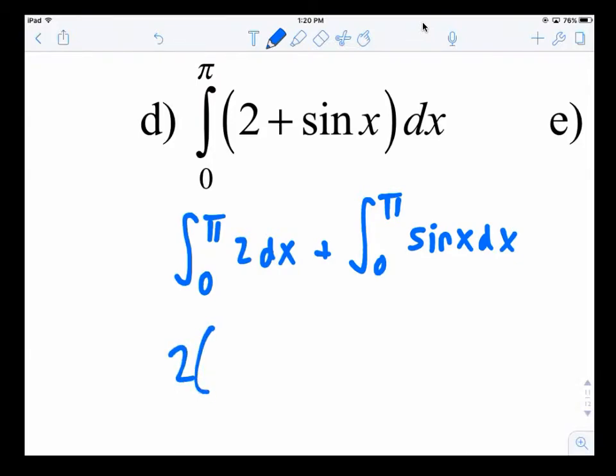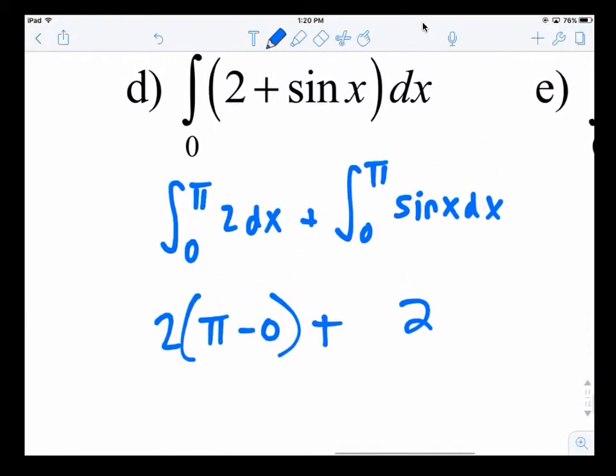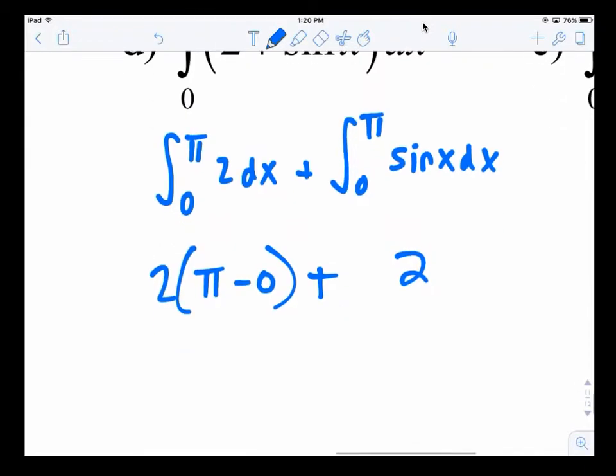So you have 2 times pi minus 0, right? Upper bound minus the lower bound. And then we know that the integral from 0 to pi of sine of x would be what? They already gave us that. 2. Yep. So my answer would be 2 pi plus 2.